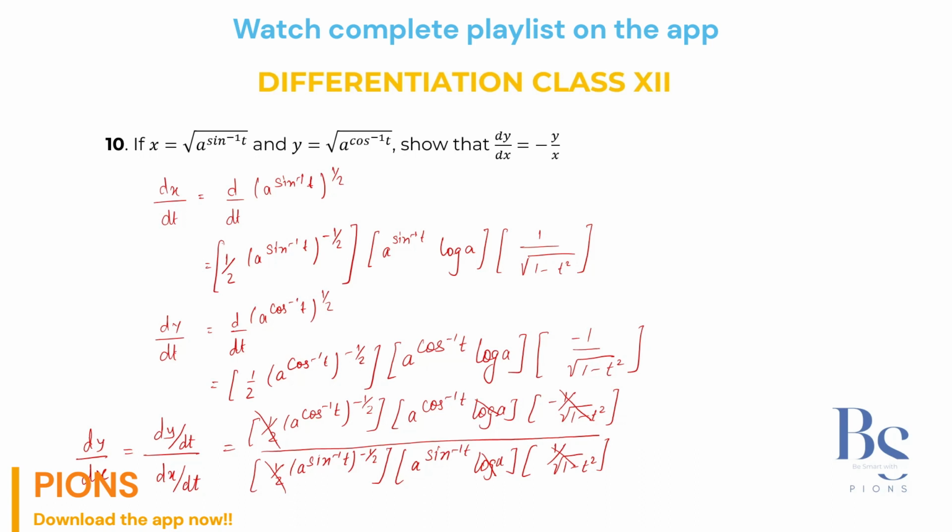There is a negative sign here. And then they think, sir, where is the negative sign? This negative sign. And the rest are these cos inverse and sine inverse terms. So let me write it here.